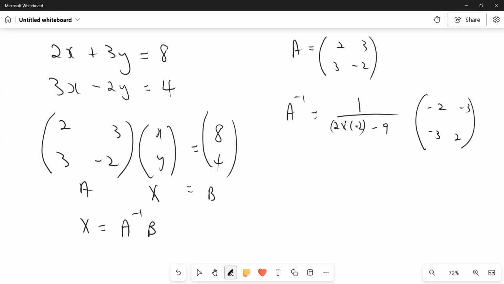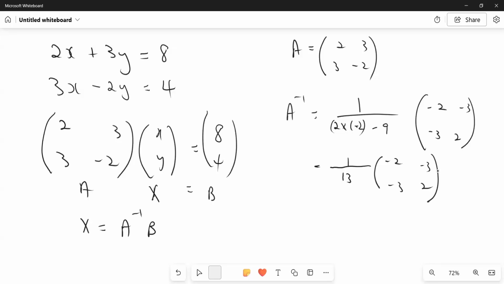What do we get there? We get 1 over 2 minus 4 minus 9, minus 4, minus 13. So the number is nice.